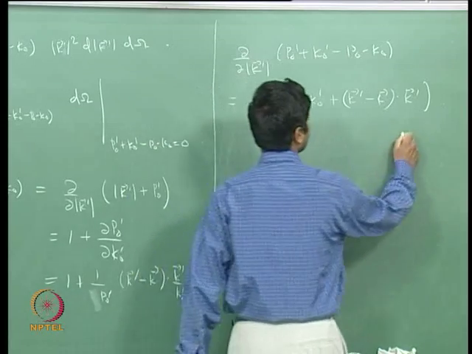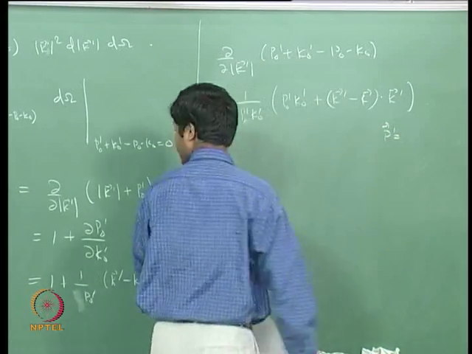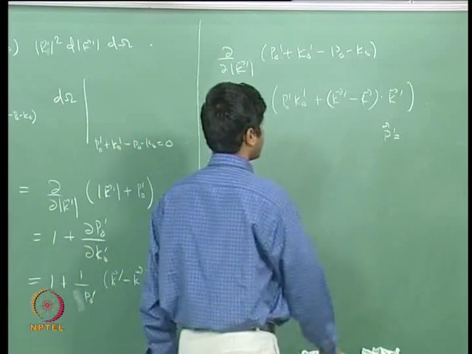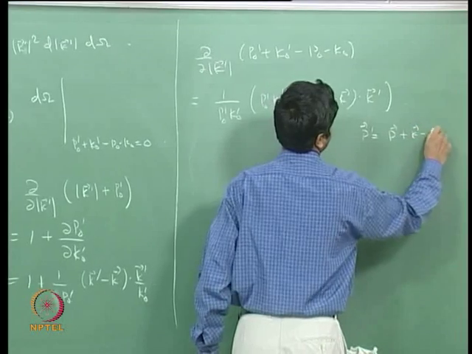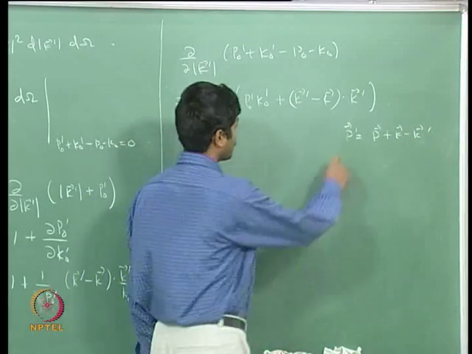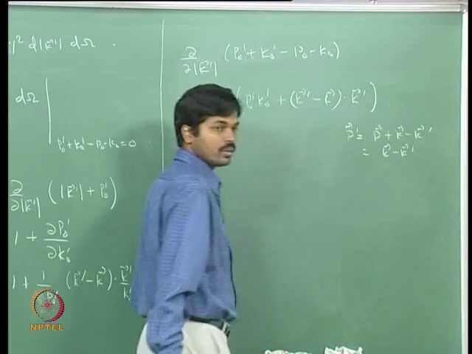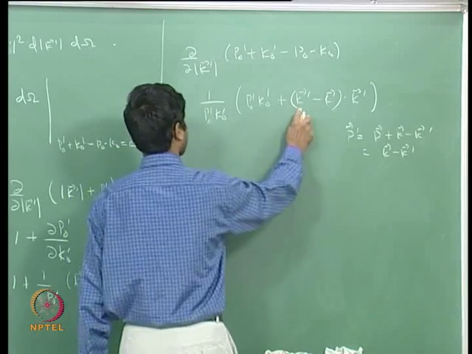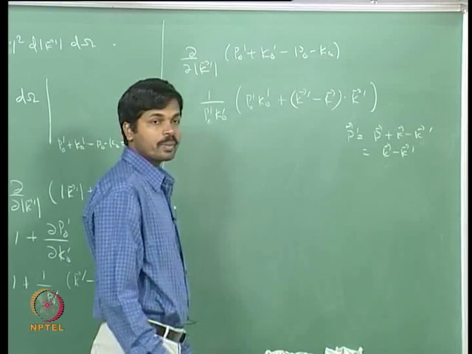You remember the 3 vector p prime is equal to p plus k minus k prime, but we are working in the lab frame where p is 0, therefore p prime is k minus k prime. So, I can write k prime minus k is minus p prime.